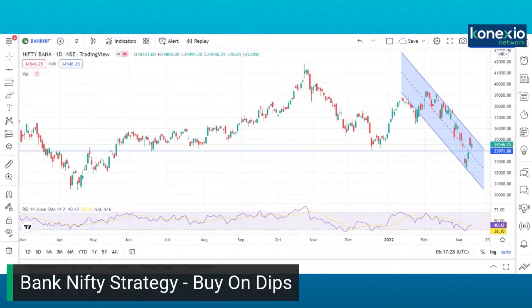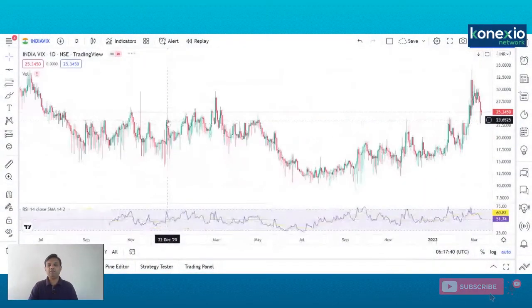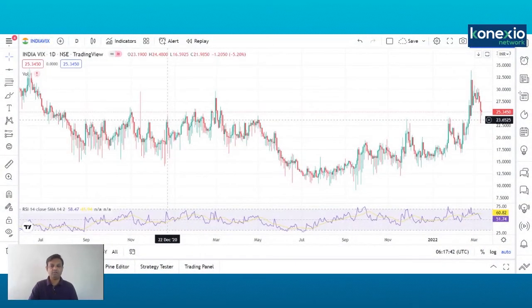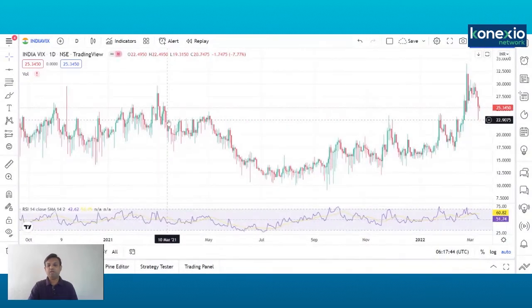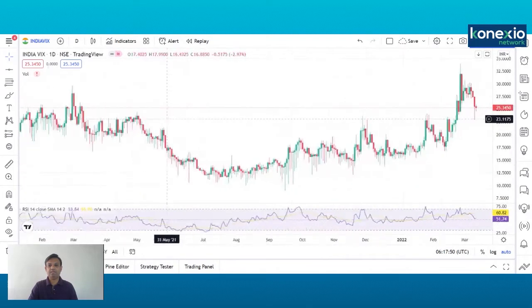Now to support this view, I would like to just discuss a chart which is India VIX. India VIX is a volatility index which we have been tracking for many years. But at this point of time, I would like to highlight the important pattern which has been forming at these levels.